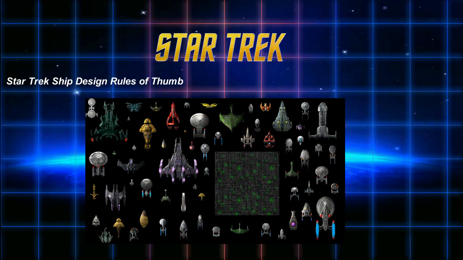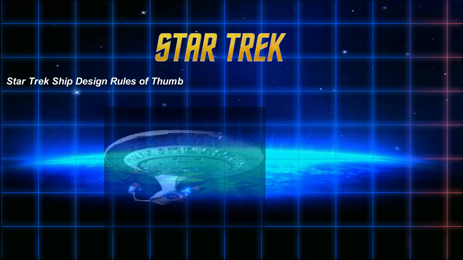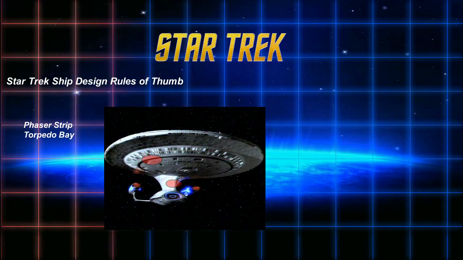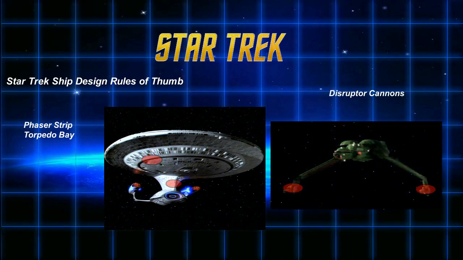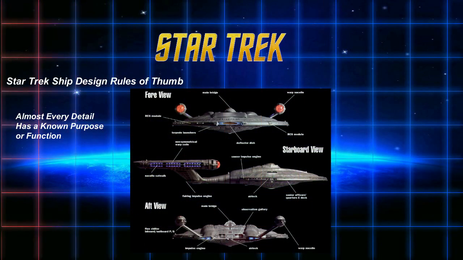Another thing about Star Trek is the weapons are usually hidden or obscure. In some cases they're pretty prominent, but usually the weapons, especially things like phasers or disruptors, are mostly hidden. Almost every detail in a Star Trek ship has some sort of specific function or purpose. Almost.